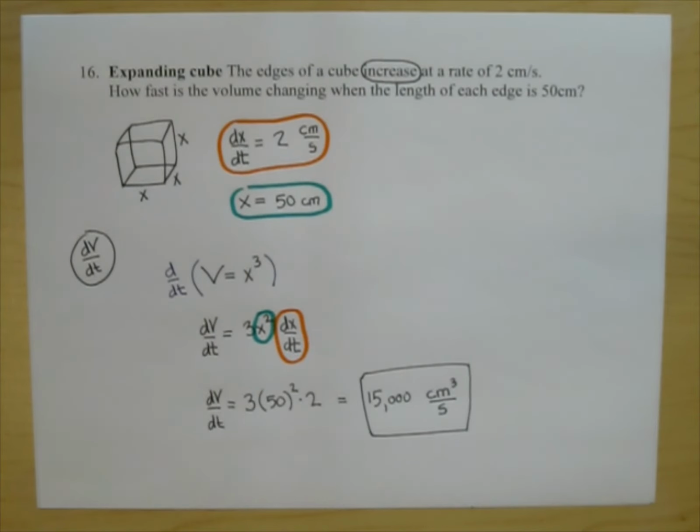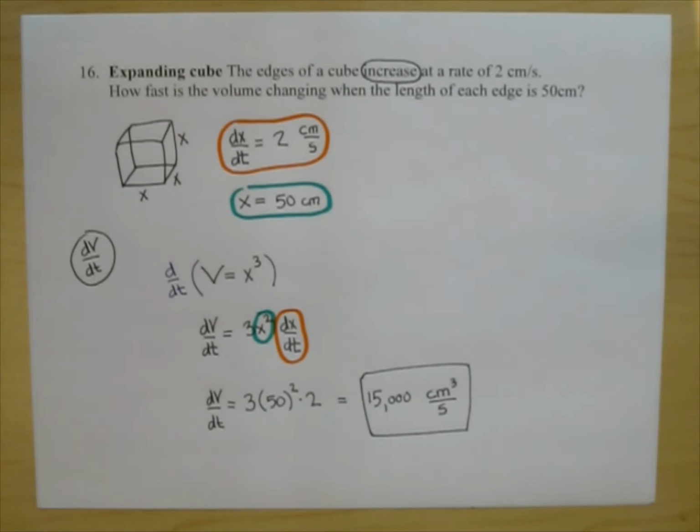Now these problems seem kind of dumb. You know, you have an expanding cube. The next problem we're going to have is the shrinking cube. And they really seem dumb, but once we get to part 3, you're going to see the application. I mean, that's when you start seeing airplanes landing and people flying kites and important things that you would see in the real world.